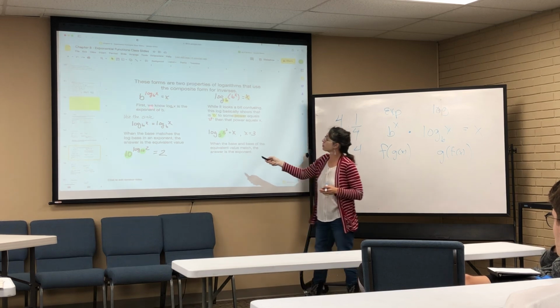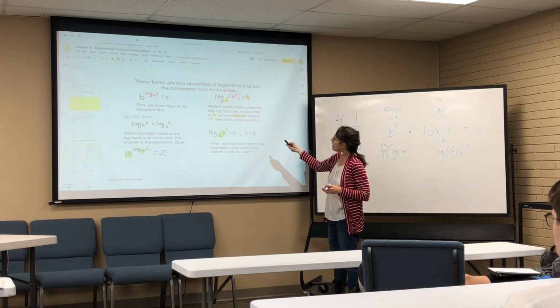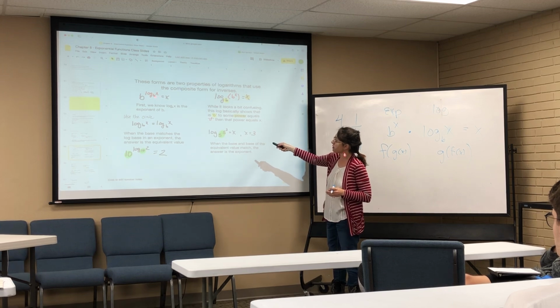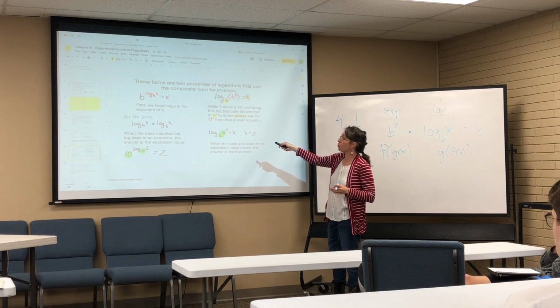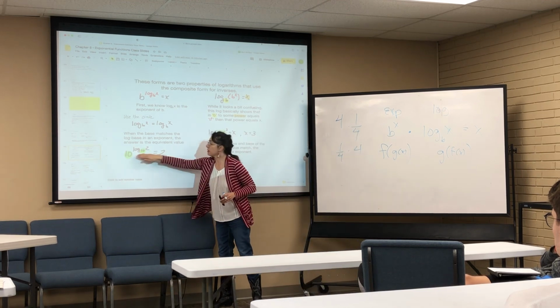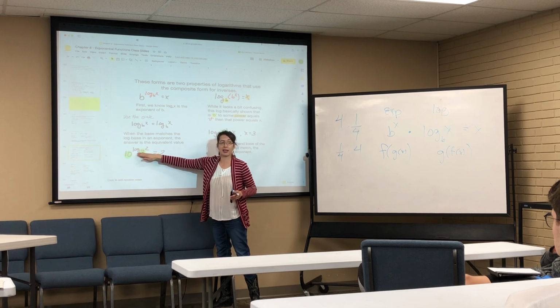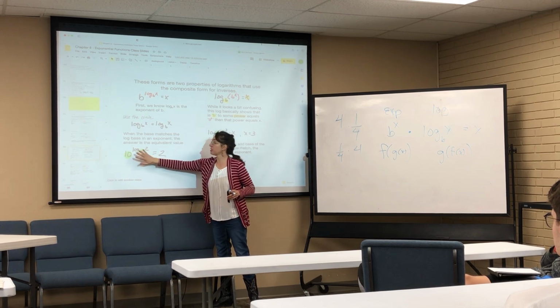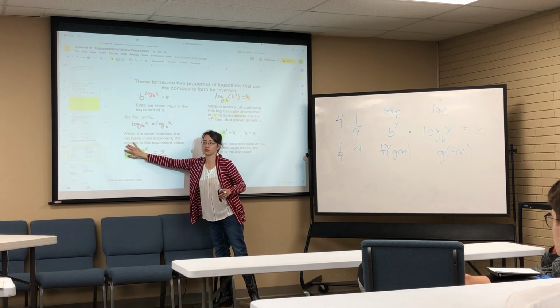So look at this first one. When we plugged equation 2 into equation 1 as that exponent, we now have a base raised to a log of the exact same base. So when the base matches the base, the answer is just the equivalent value. This whole thing cancels out.